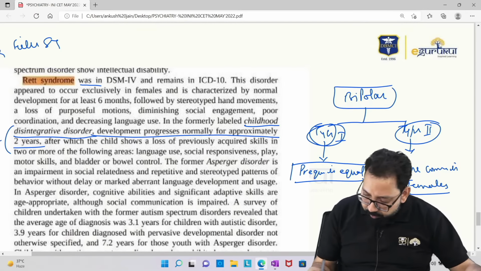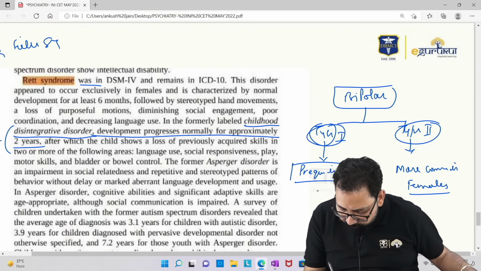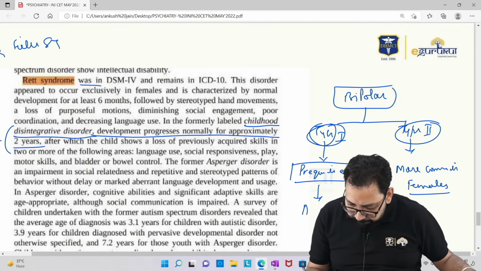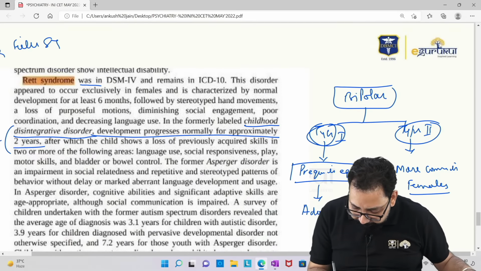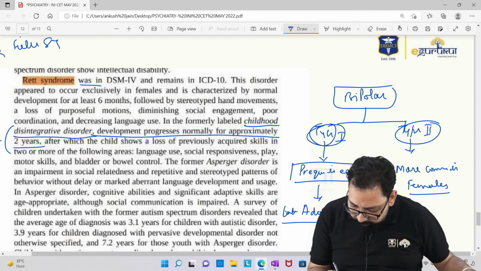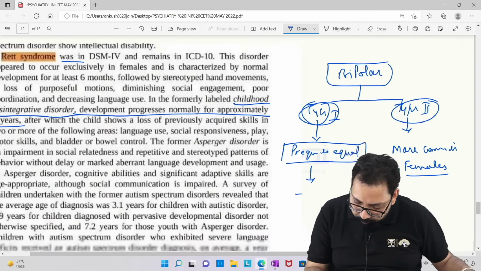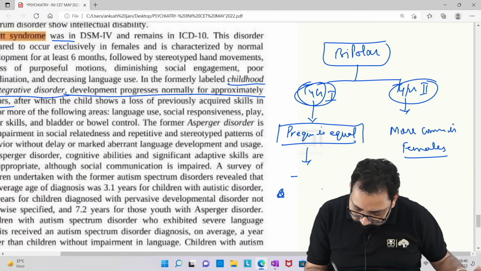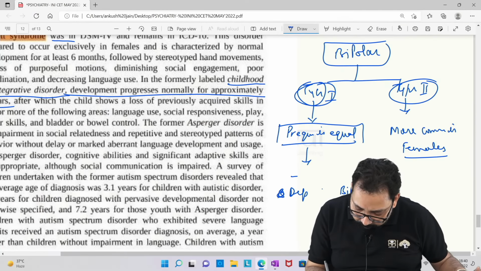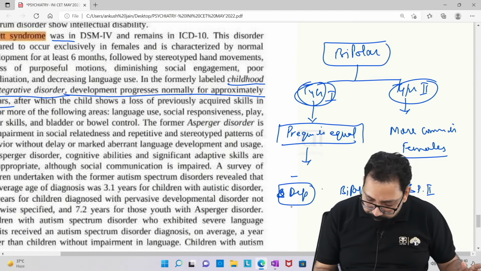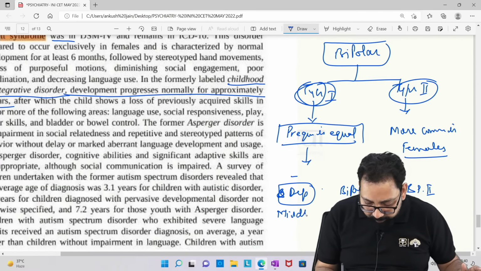Age of onset in bipolar 1 is adolescent, late adolescent, and I can make a flow that will help you in further exams also. Depression, bipolar 1 and bipolar 2. In depression it is around 35 to 40, means middle age female.